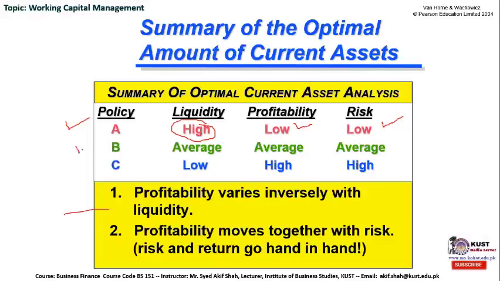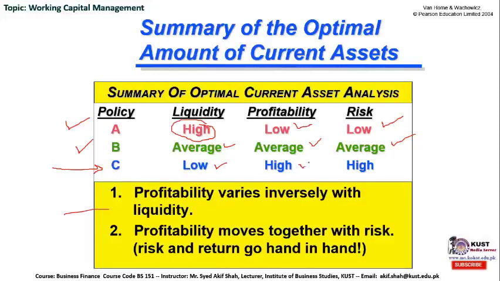Policy B was average, so the company's liquidity will be average, its profitability will be average, and similarly the company is going to face average risk. However, if the company has a lower investment in current assets, its liquidity will be lower, that is, its ability to convert its assets into cash.